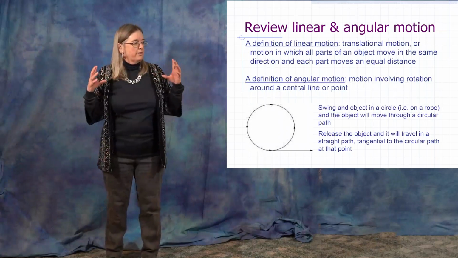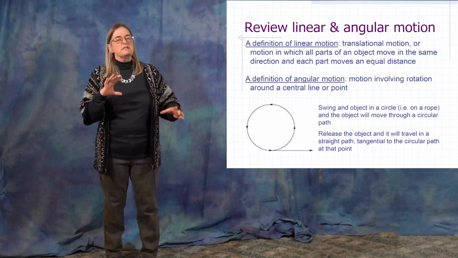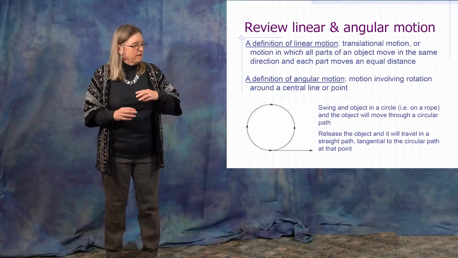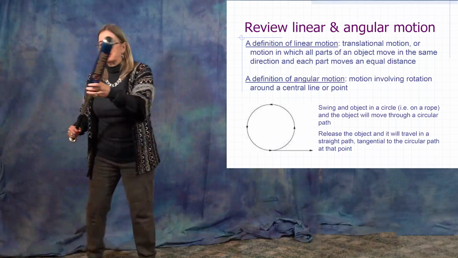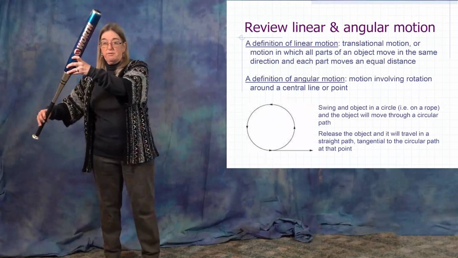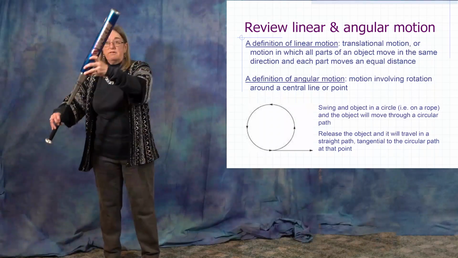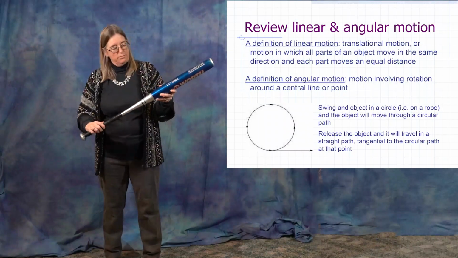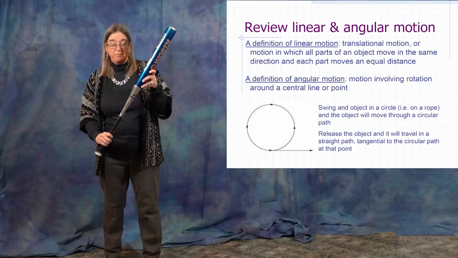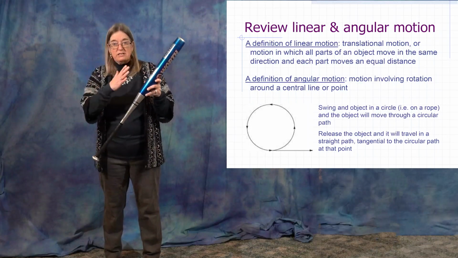Remembering, of course, that linear motion or translational motion is where all parts of the object move the same. It can even be curvilinear, but every point on this object moves through the same distance.